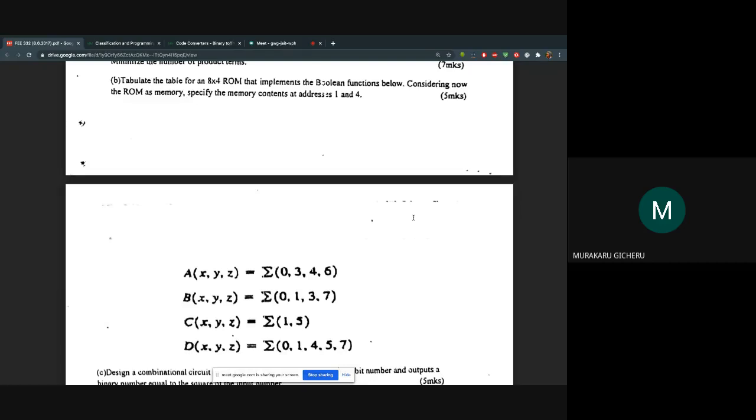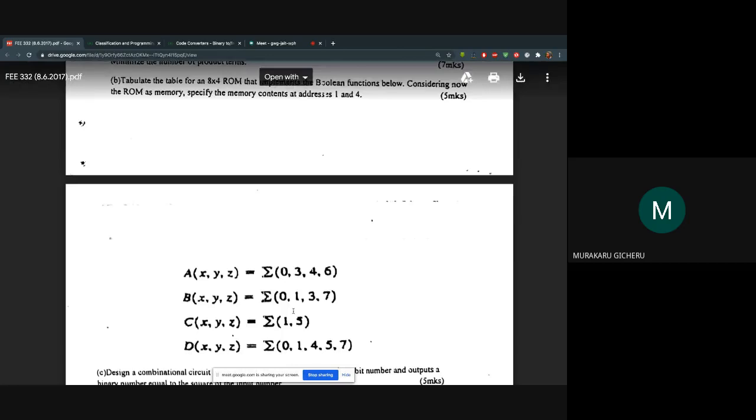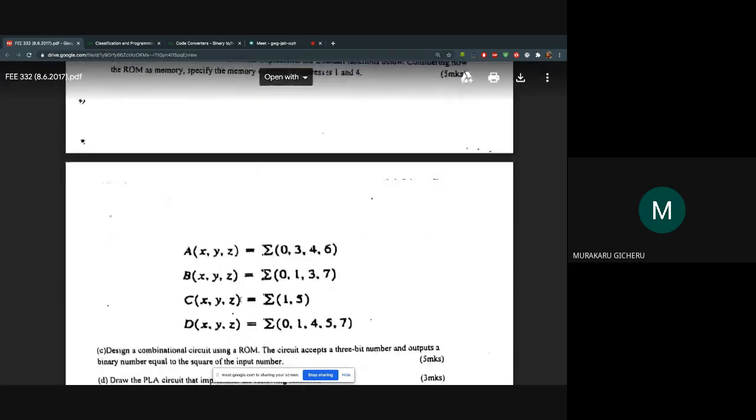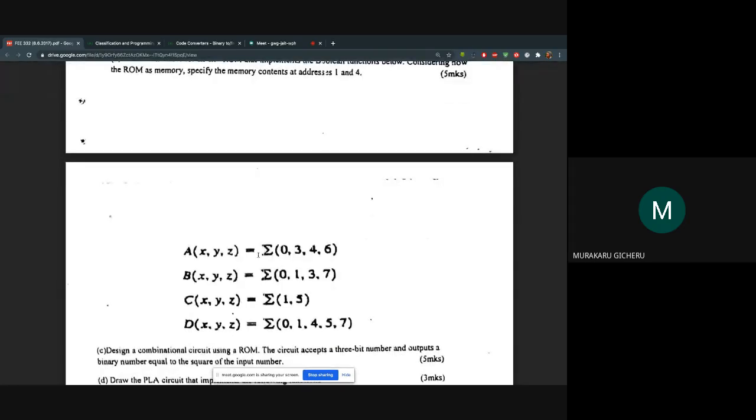So you have A(X,Y,Z) equals the sum of minterms 0, 3, 4, and 6. B(X,Y,Z) equals the sum of minterms 0, 1, 3, 7. C(X,Y,Z) equals the sum of minterms 1 and 5. And D(X,Y,Z) equals the sum of minterms 0, 1, 4, 5, and 7.